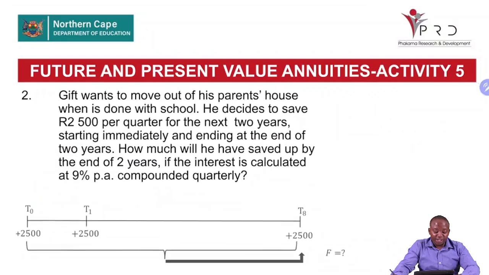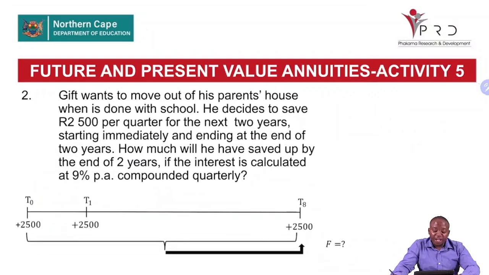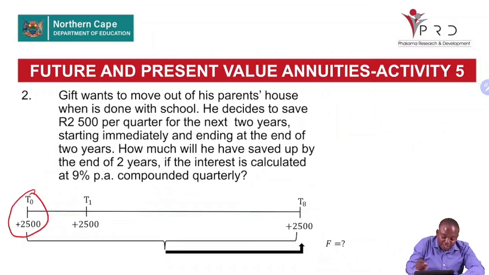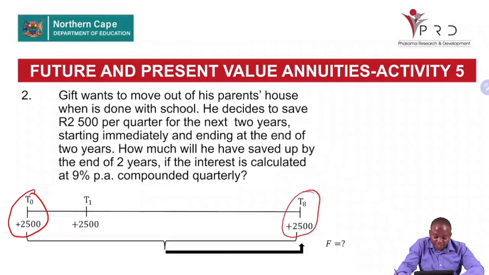Now let us look at number 2. On the second activity, we are told that Gift wants to move out of his parents' house when he's done with school. He decides to save 2,500 per quarter for the next 2 years, starting immediately. So the first payment is made at T0 and the last at the end of 2 years.